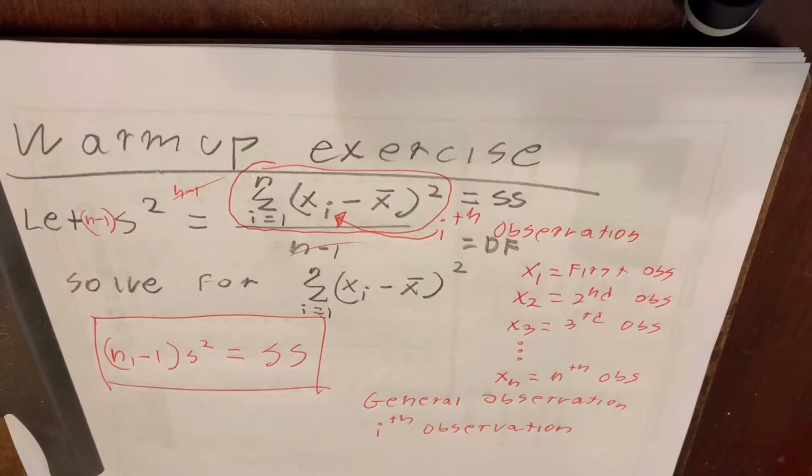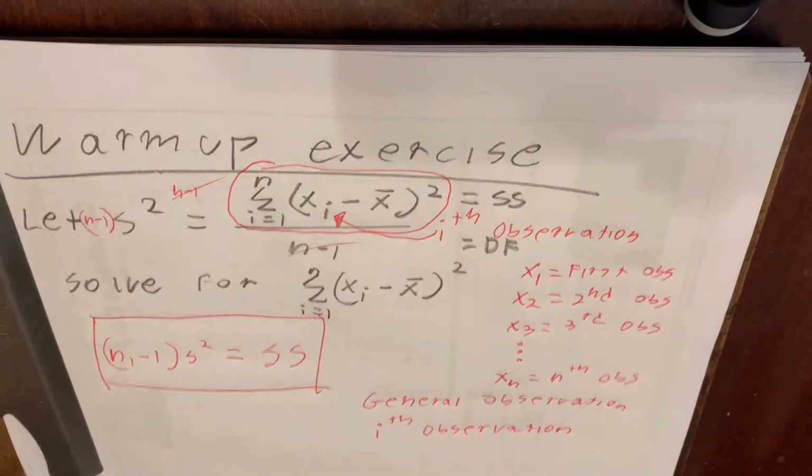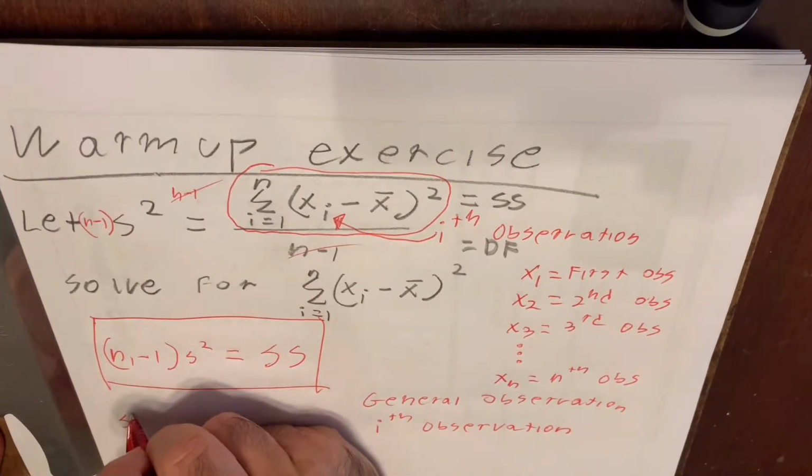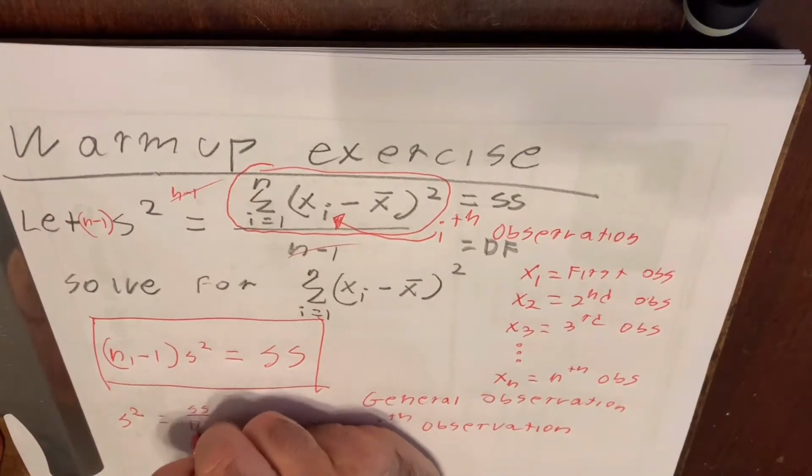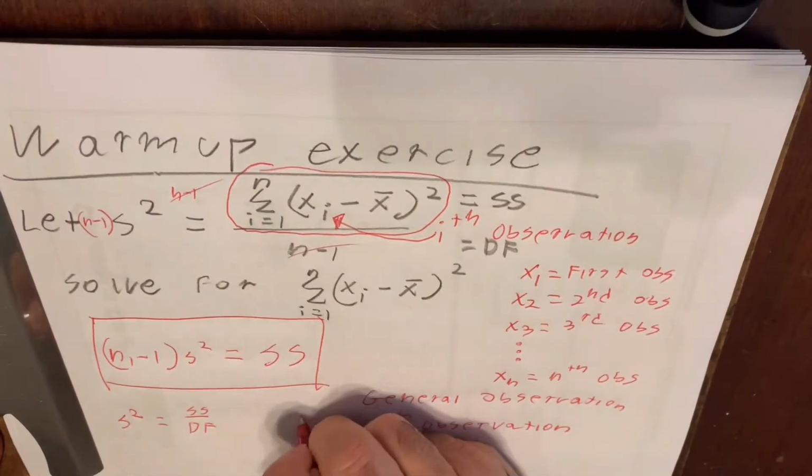So that's your warm-up exercise, and don't proceed to the next part of the video until you can do this yourself and you understand two things. One thing you have to understand is that the sample variance is equal to the sum of squares divided by the degrees of freedom. That's the first thing you have to know.